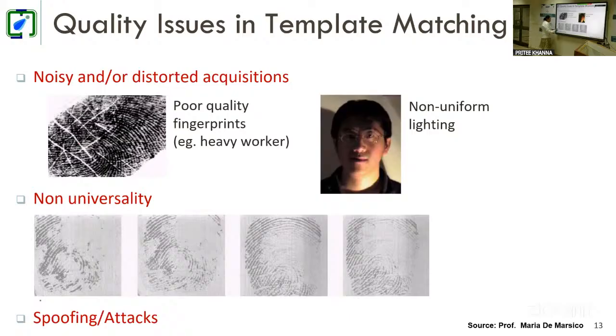Finally, the issue is how to take care of attacks, because attacks did not start after AI has come; they were there earlier also. Now they are much more in discussion, and we'll take this up tomorrow.